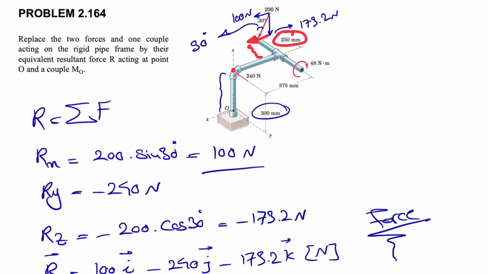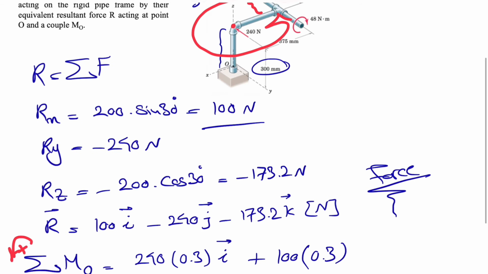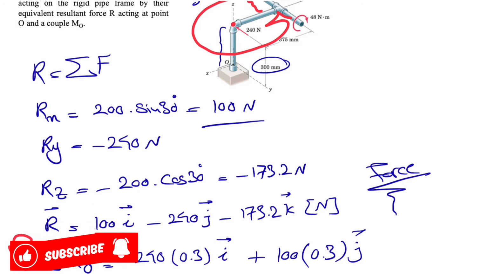This force can also make a moment about the z-axis too. If we look at this, we'll see that the force is somewhere in here, at a distance of 250 millimeter from the z-axis. So it can make a moment like that around the z-axis too. And if we look at the z-axis, we'll see that the moment is counterclockwise, so it will again be positive.